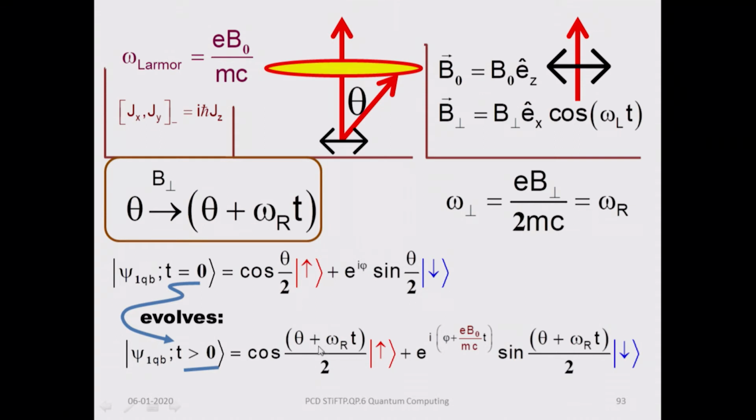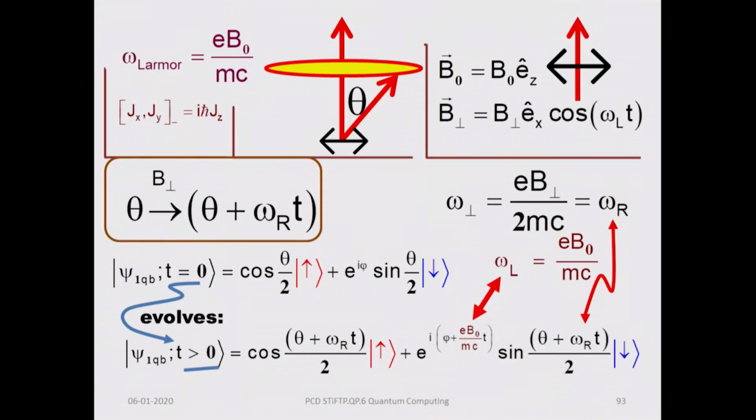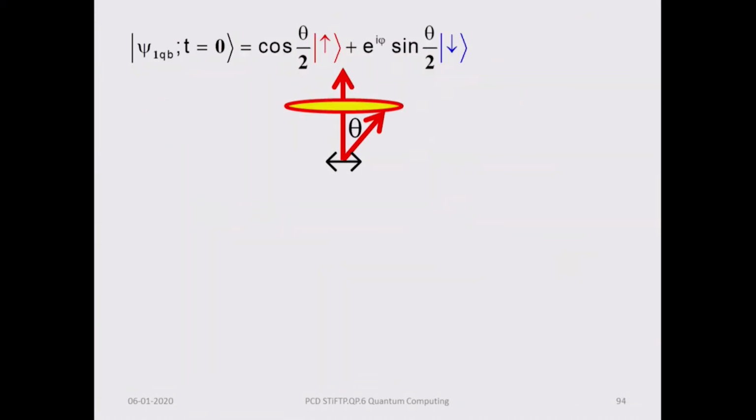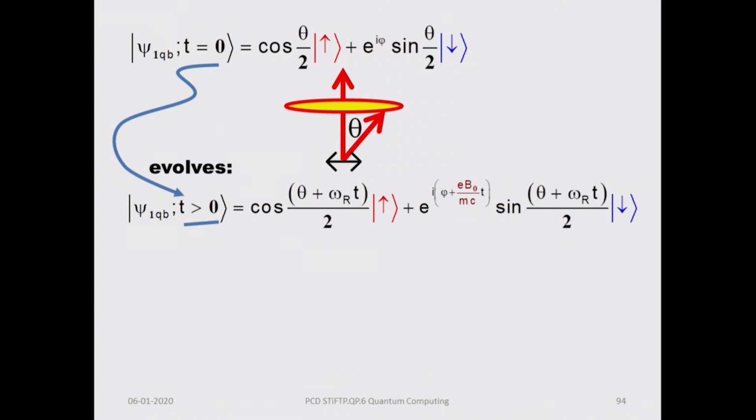So, theta changes to theta plus omega r times t, and you have the corresponding change in the sinusoidal term as well, and this phase we had already seen changes to e to the power of B0 times t through the Larmor frequency because of the application of the steady constant magnetic field, and that impacts the dynamical evolution of the quantum state, right. So, you have two frequencies, the Larmor frequency and the Rabi frequency. So, keep track of the omegas, which one is which, all right.